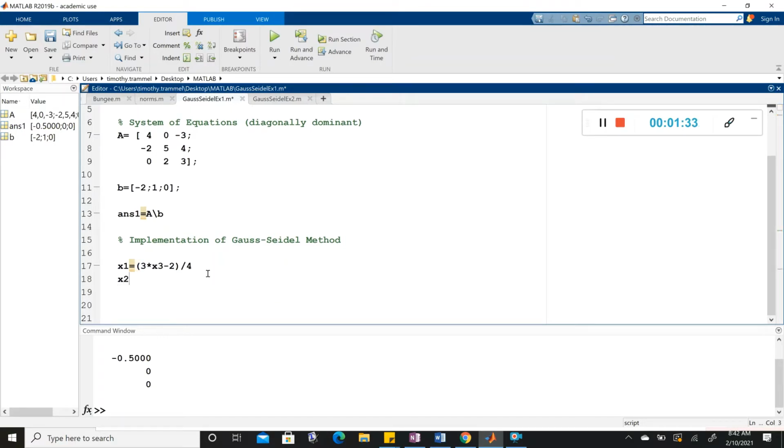And then we'll want to do the same thing for x2. If we take this second equation and solve for x2, we're going to have to add a 2x1 to each side. We'll have to subtract a 4x3 on each side. And we'll need to account for this 1 that's already on the other side. And then finally, we'll need to divide this all by 5.